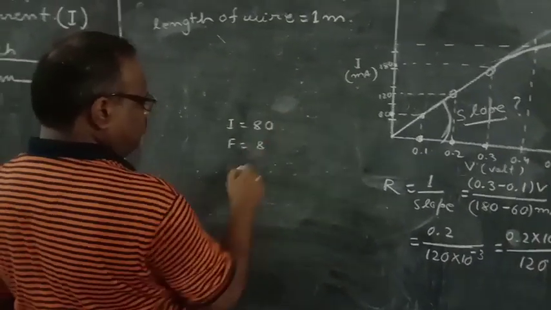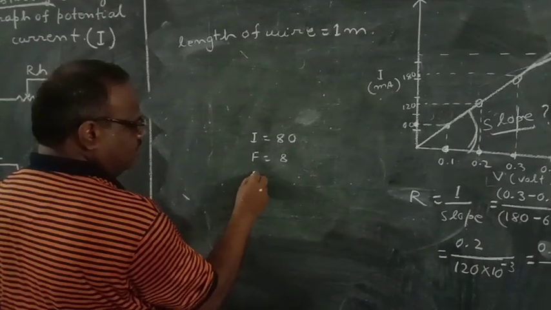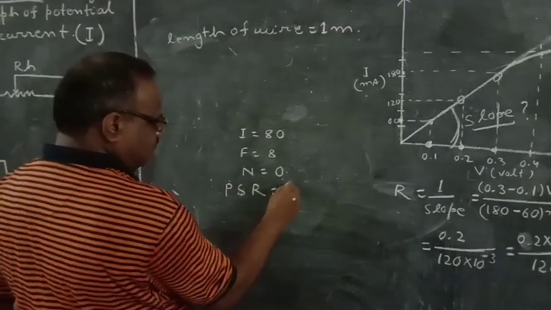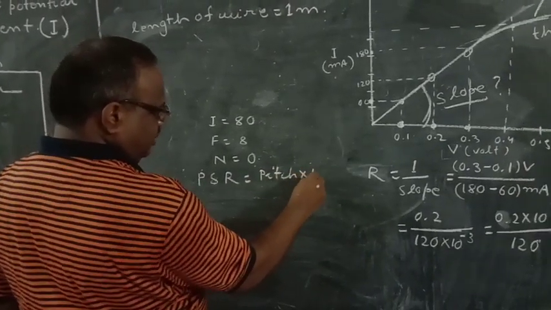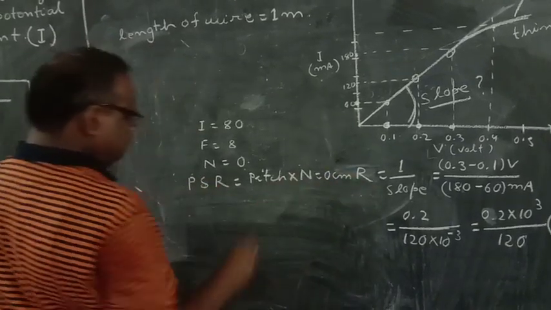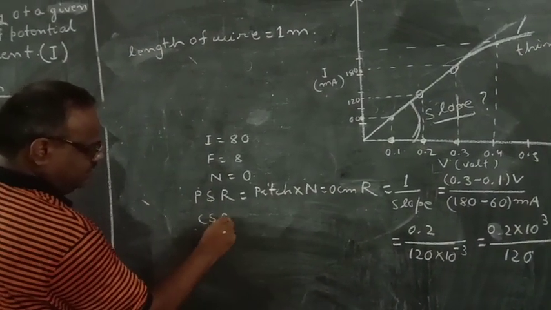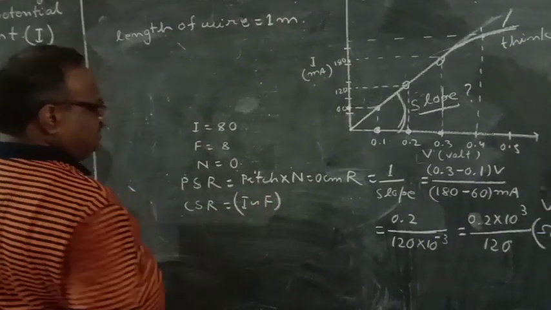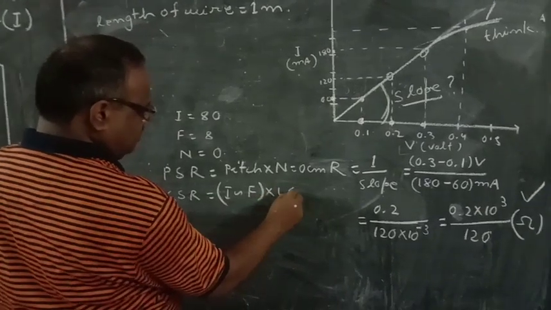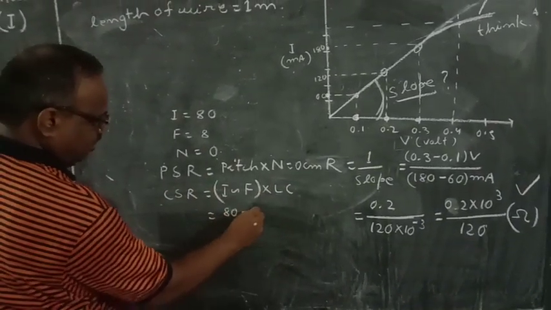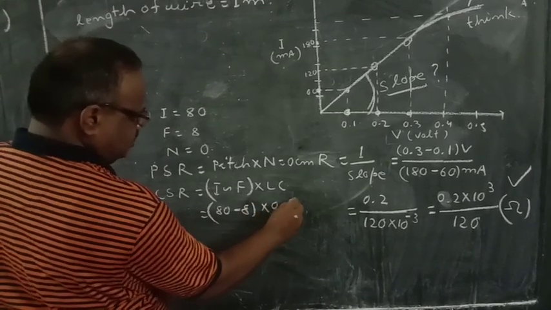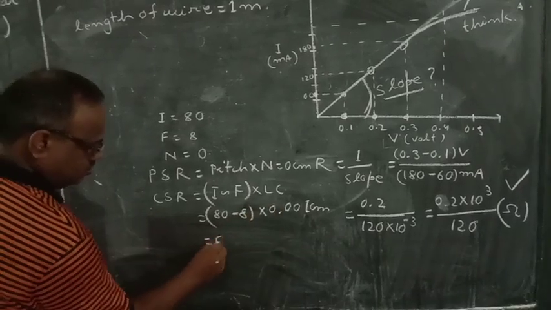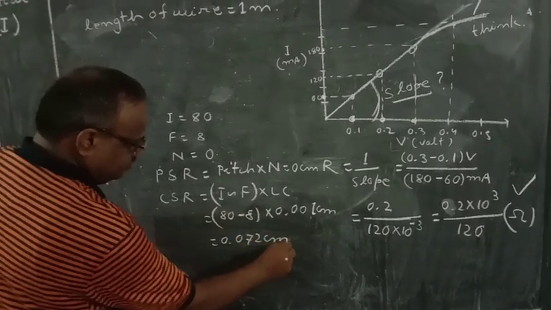If you take the difference, your number of complete rotations is 0. So PSR, the pitch scale reading, is pitch into n, so it is 0 cm. Then the circular scale reading is the difference, I minus F, into LC, so it will be 80 minus 8 into 0.001 cm, so that is 72, so 0.072 cm.